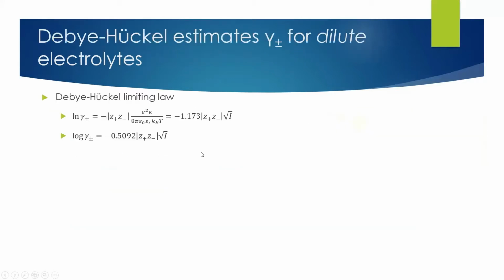With this in mind, we can use Debye-Huckel theory to formulate the Debye-Huckel limiting law, which describes the mean ionic activity coefficient based on that constant kappa.